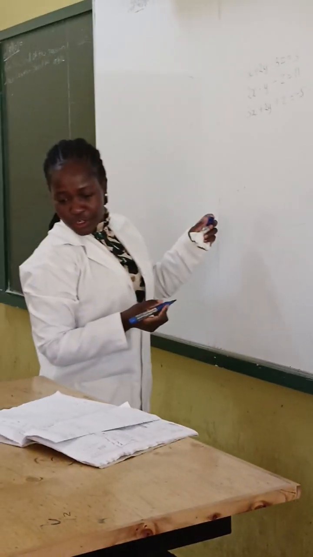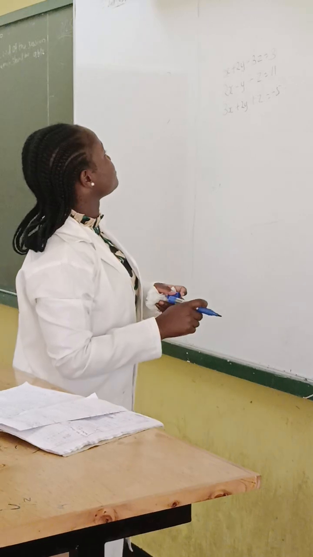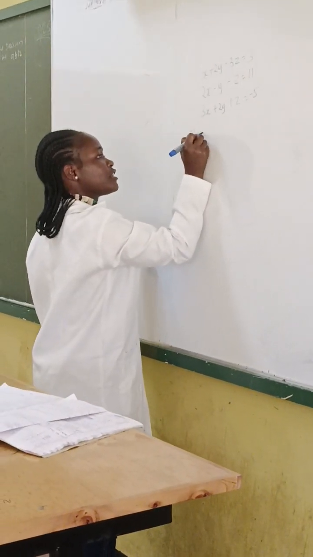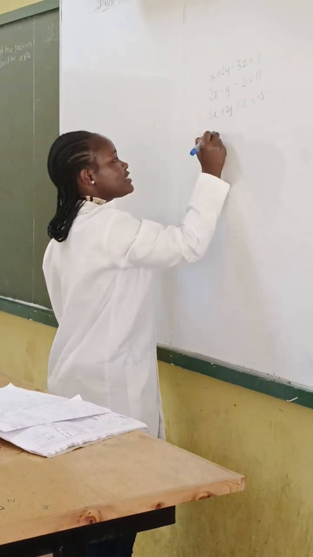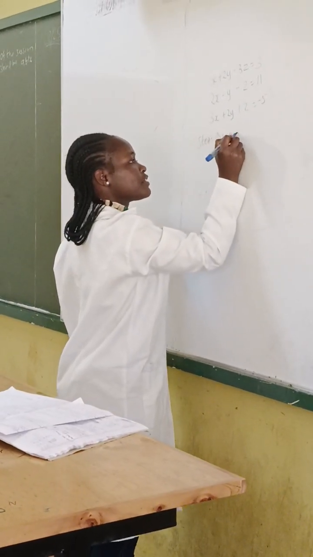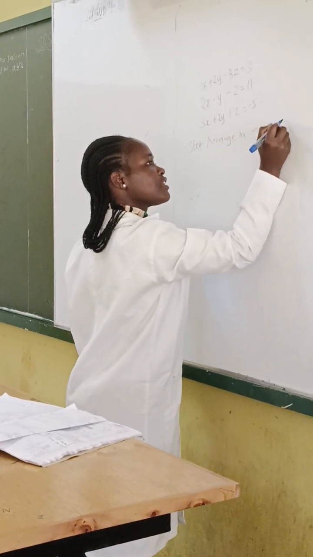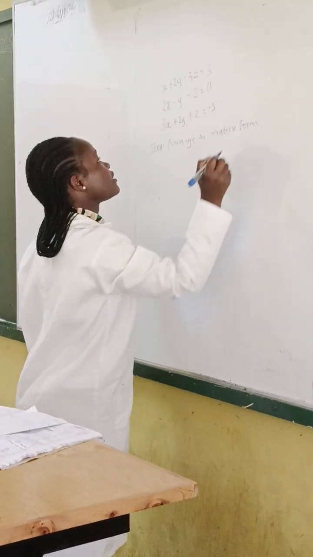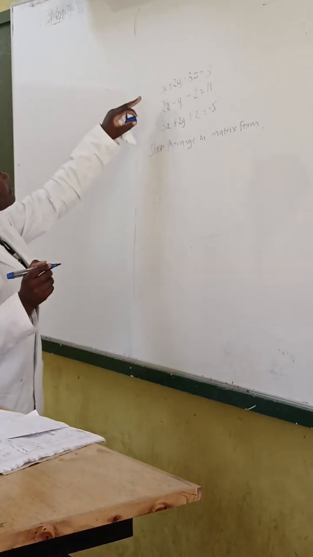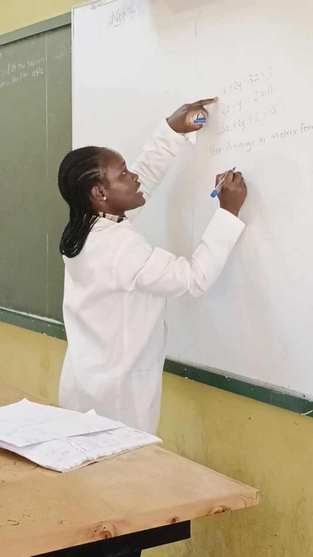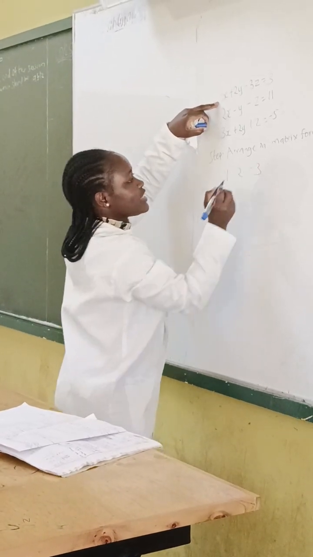Okay, so we have this as the simultaneous equations. So step 1, we are going to arrange all these in matrix form. By arranging in matrix form, we will pick the coefficient of each. For example, here we have 1, 2, -3.